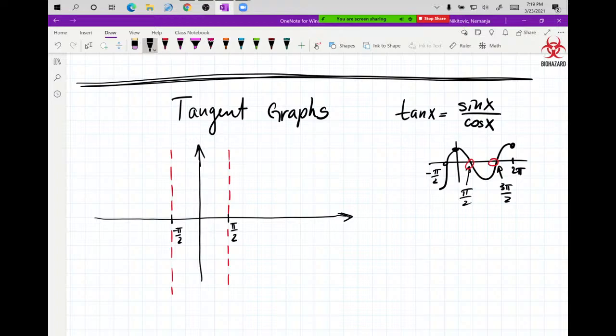And now the tangent goes through 0, 0. I can't even draw anymore. There you go. And this is the tangent. It will repeat every pi. One, two, 1, 2.